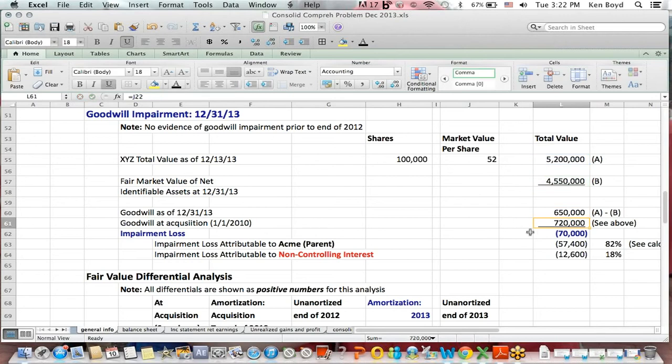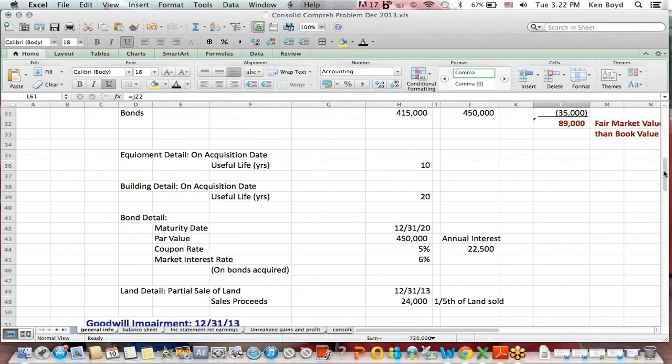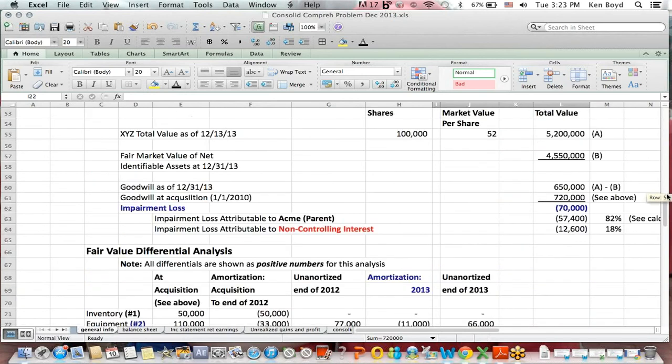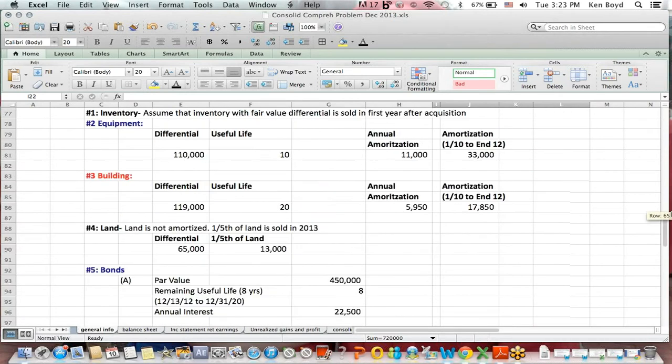Now, the goodwill we had at acquisition was $720,000. If I go back up to the top here, you remember on part one of this series that goodwill was calculated to be $718,000. There was a small error in the problem, so I said $720,000 as goodwill at purchase.